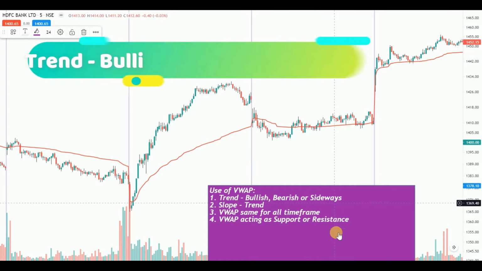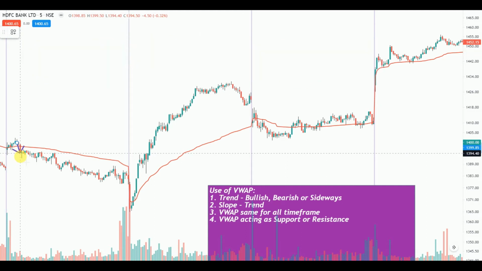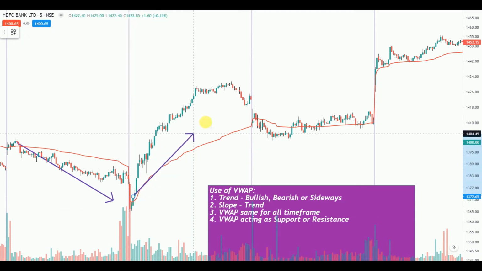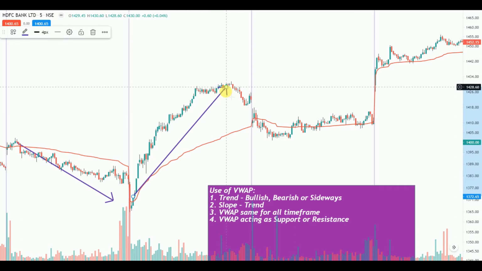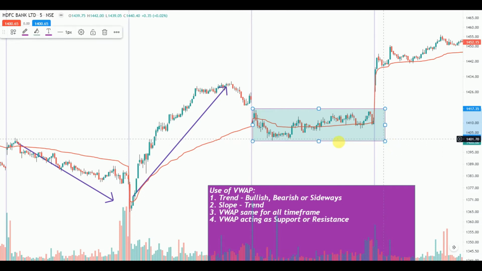As you can see, when price is trading below VWAP, as in this case, then the trend is considered to be bearish. When price is trading above VWAP, then the trend is considered to be bullish. And when price is hovering around VWAP, then the trend is said to be sideways.